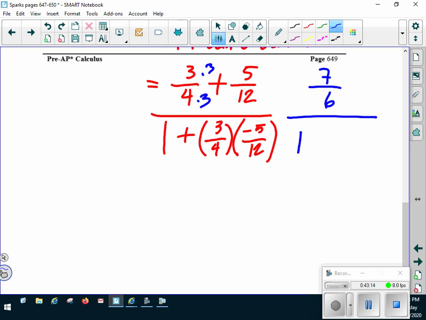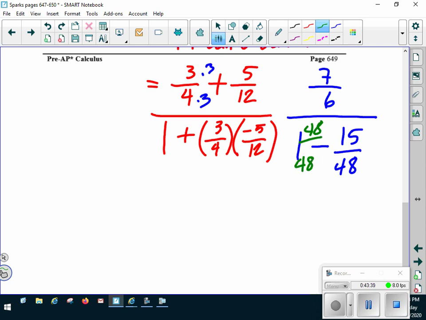1 minus, I just went ahead and did the minus because I saw a minus right there. What's that? Over 48. This is 48/48.